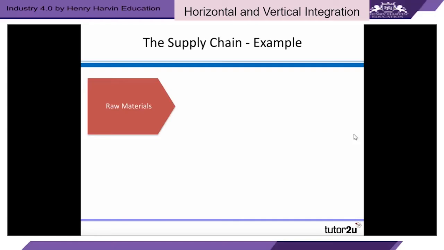A supply chain might be a simple one like this. You've got businesses involved in the supply of raw materials. Those raw materials may then be put into a manufacturing process.